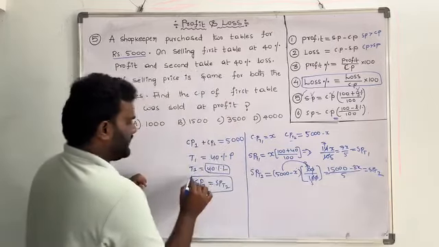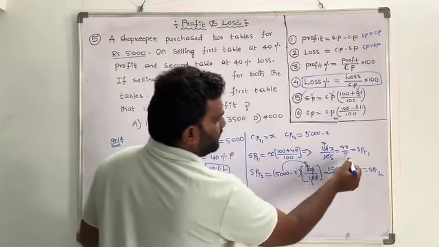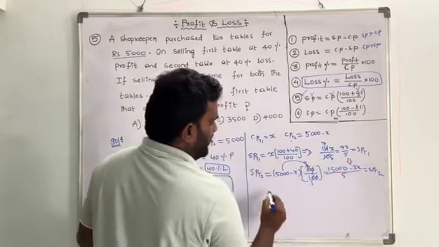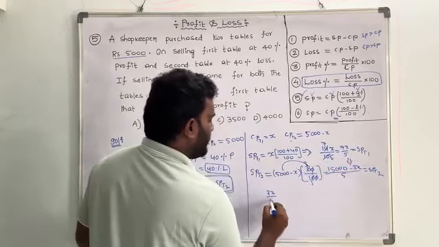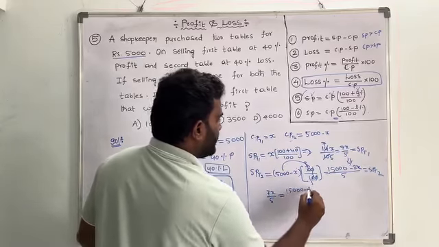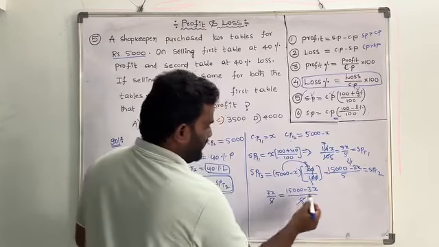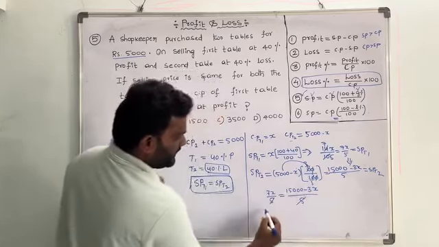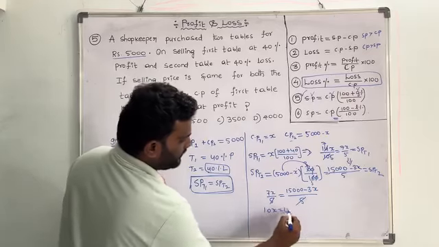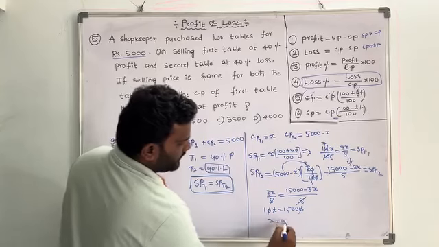Since we have been given this condition, selling price of table 1 equal to table 2, you need to make both of them equal. Okay, 7x by 5 is equal to (15,000 minus 3x) by 5. The 5s cancel, and bring minus 3x this side, 10x it will become, equal to 15,000. The zeros cancel, and x equals 1500.